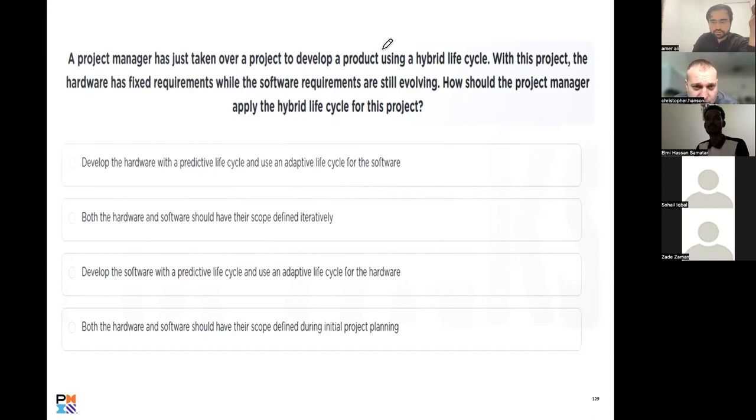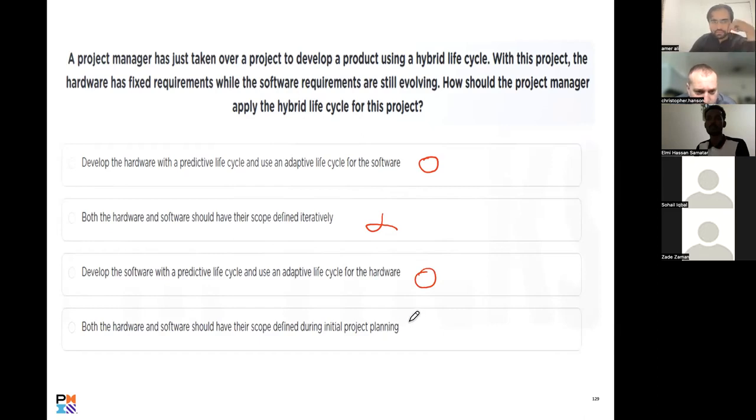That could be because it talks about 2 different life cycles, which could be a hybrid, so maybe. Let's see here. Both the hardware and software should have their scope defined iteratively. So that's only one, so that would be no. It's not a combination. Develop the software with a predictive life cycle and use an adaptive life cycle for the, okay, so that could be.